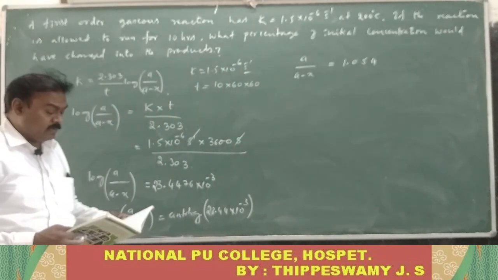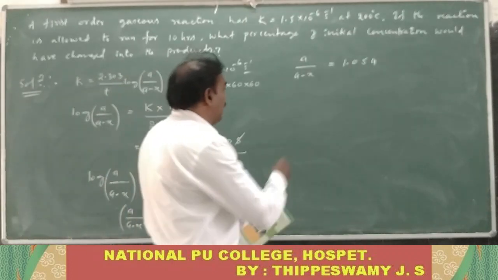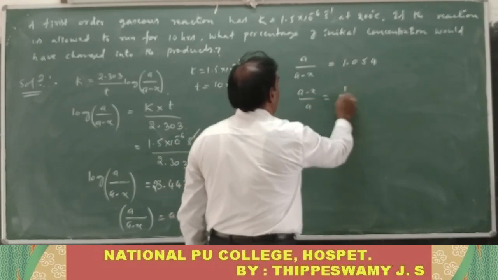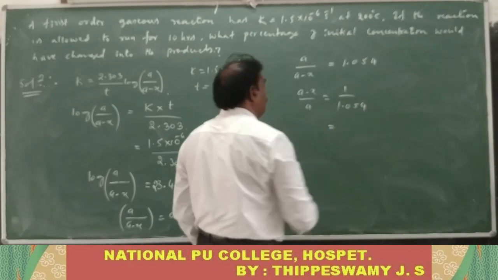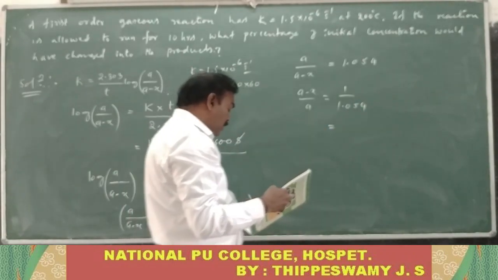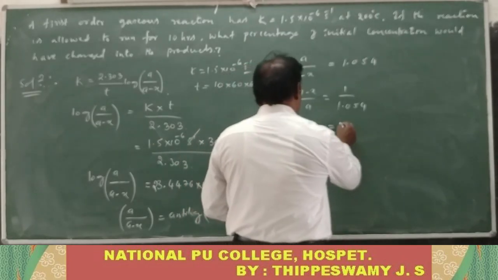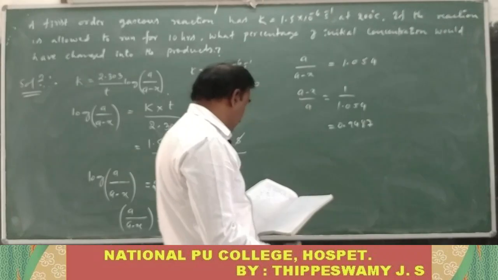Now after this, can you tell me, A minus X divided by A you can write. A minus X divided by A is equal to 1 divided by 1.054. So this value will be equal to 0.9487.